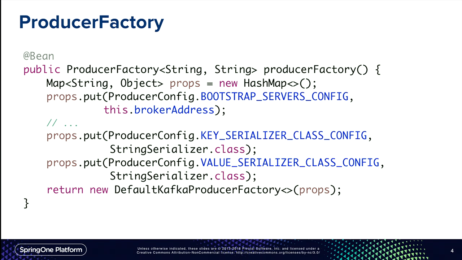If your app calls close on that producer, it's just ignored. The single producer that's created by this factory will be closed when the producer factory, which implements lifecycle, is stopped, or when you tear down the application context, because it implements initializing beans. So we only physically close the producer when everybody's done with it.